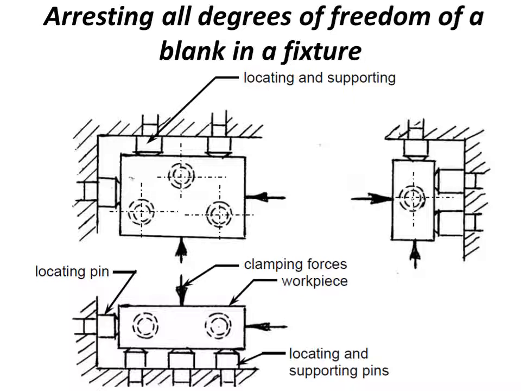When you take up the design of a fixture or a jig, this is to be considered as an important aspect. Let us see how all the 12 degrees of freedom are arrested in the case of a component which is going to be machined on a machine.